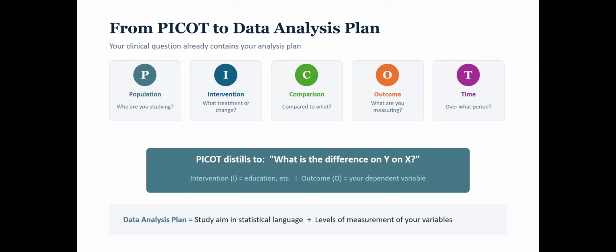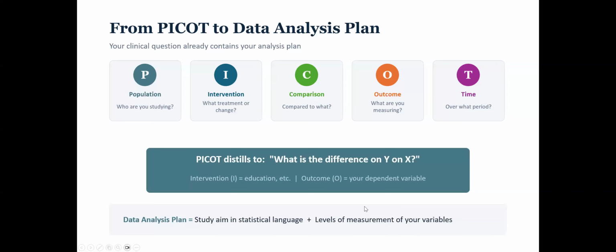For example, hey, does the frequency of hand washing change from pre to post intervention? Does knowledge, an outcome variable, change from pre to post? Okay. But typically, you're not really thinking about the population when you're thinking about the statistical test. So just know that the PICO is not going anywhere, but at the end of the day, we want to distill it down to what is the outcome variable and what time frame we are looking at here, okay?